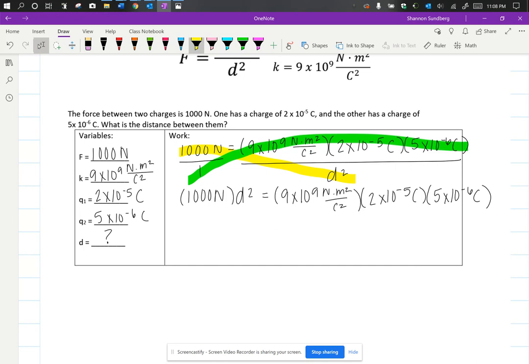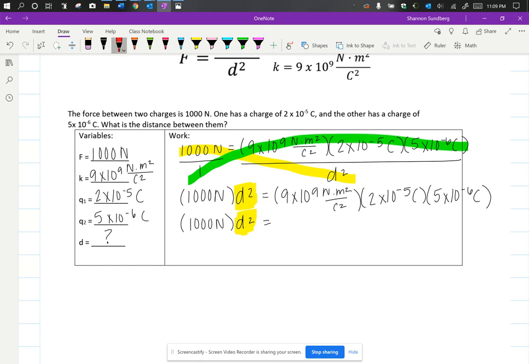Okay, so I'm going to highlight this distance squared just so that I don't lose it and I know what I'm looking for. So I'm going to copy 1,000 newtons times distance squared one more time. And before I copy down everything on the right, I'm going to multiply those numbers in my calculator. So 9 times 10 to the 9th, multiplied by 2 times 10 to the negative 5th, multiplied again by 5 times 10 to the negative 6th.